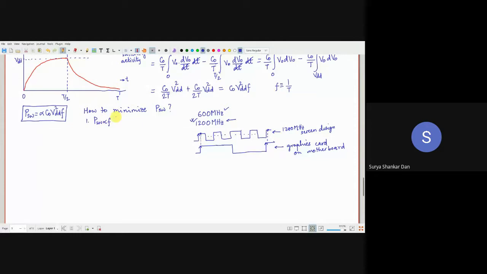So the first thing is that unless mandatory, do not go for higher frequency designs.